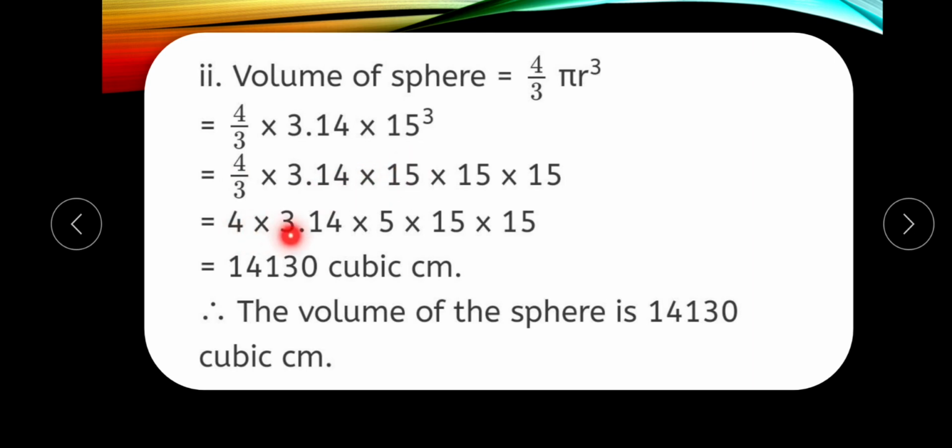We get 4 into 3.14 into 5 into 15 into 15. Solving it, we get 14,130 cubic centimeter. Therefore, the volume of the sphere is 14,130 cubic centimeter with a radius of 15 centimeter.